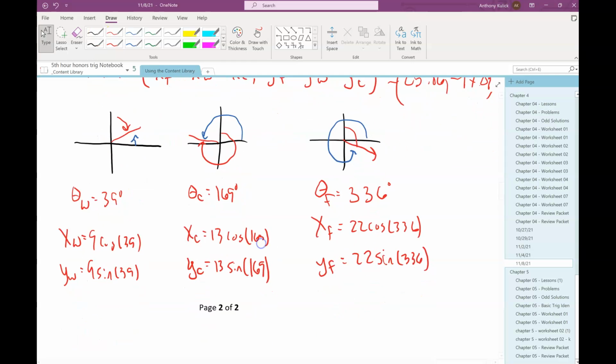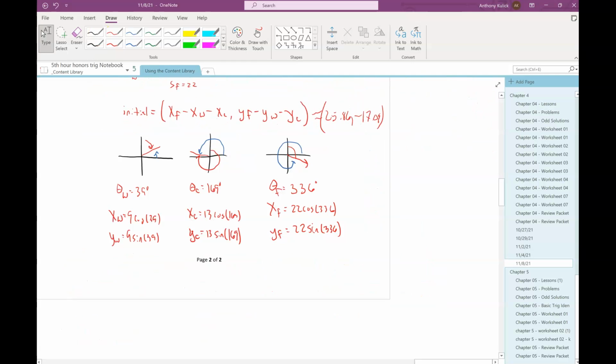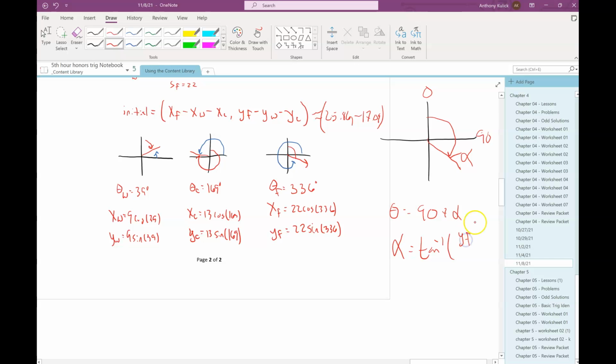And it only asks me about my bearing. So 25 over and 17 down is over here. So 0, 90, that's my alpha. So theta is going to equal 90 plus alpha, where alpha is the tan inverse of, well, I guess this is y over x.